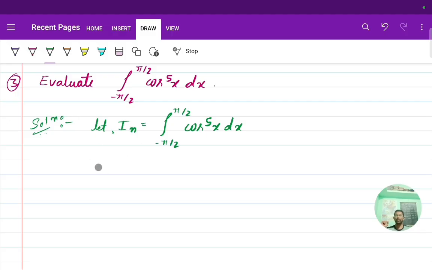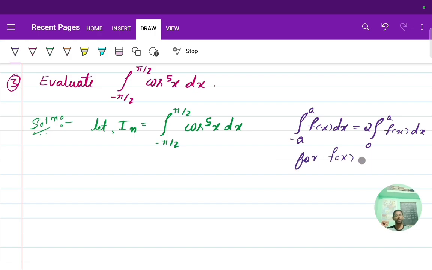We can write this by using the property of definite integral: integration over minus a to a f of x dx as 2 times integration over 0 to a f of x dx, for f of x an even function.